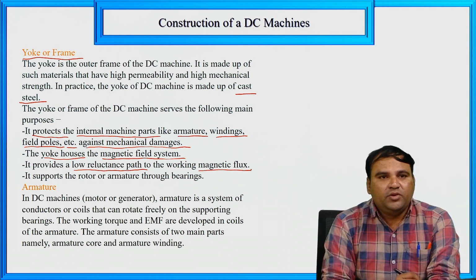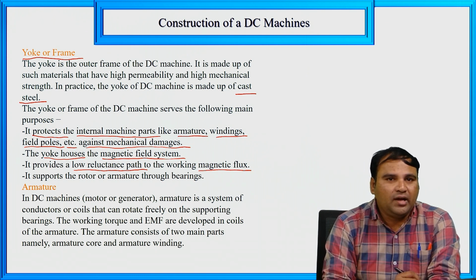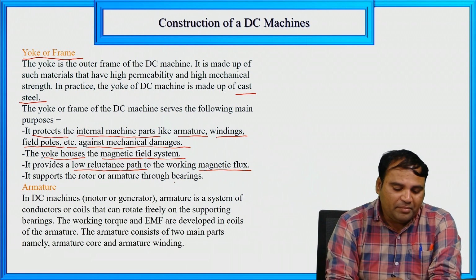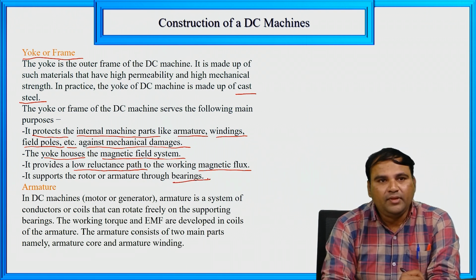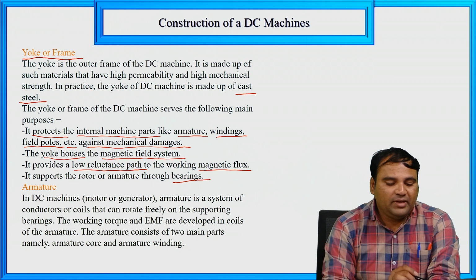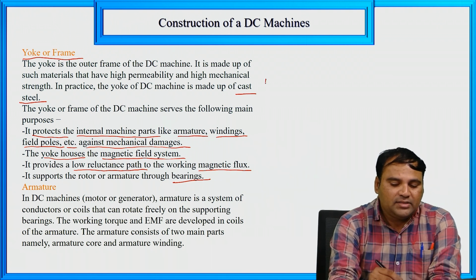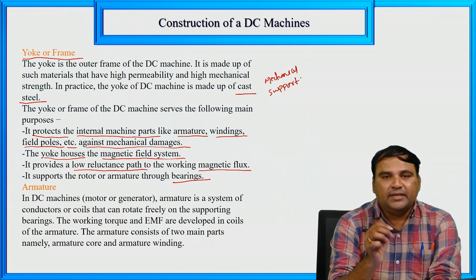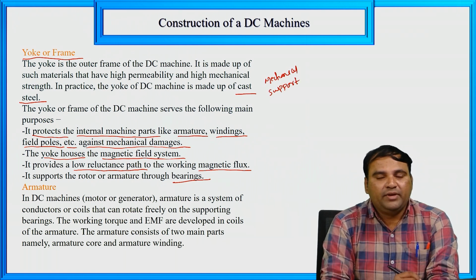It also supports the rotor or armature through the bearings. Mainly the yoke gives the mechanical support to the entire machine. So we call it a yoke or frame.